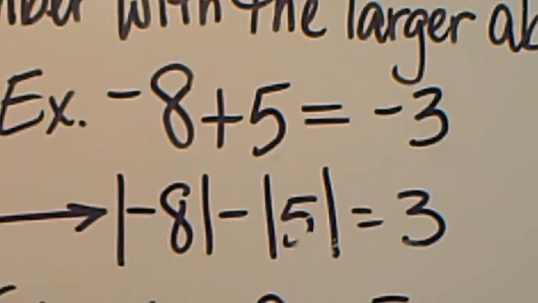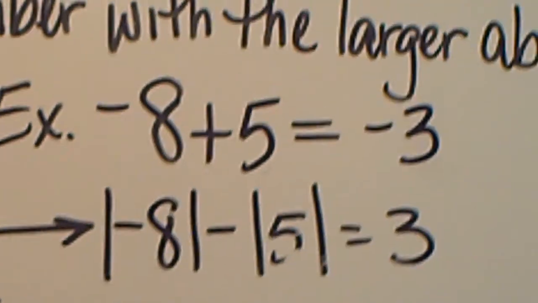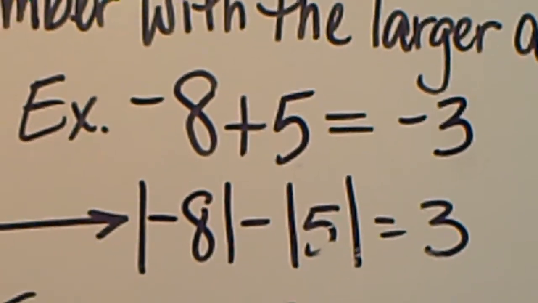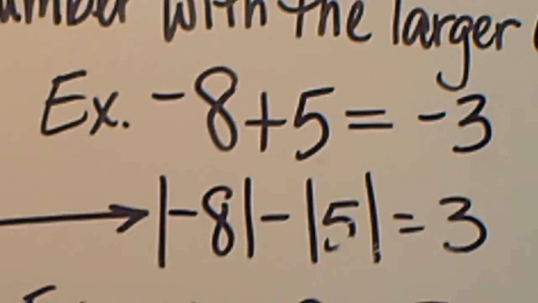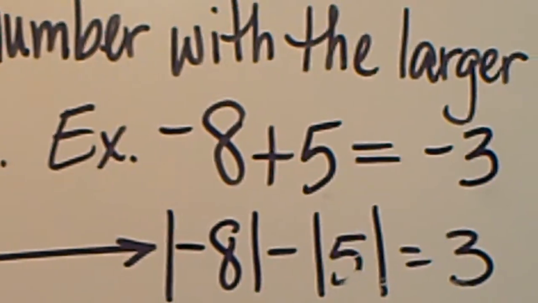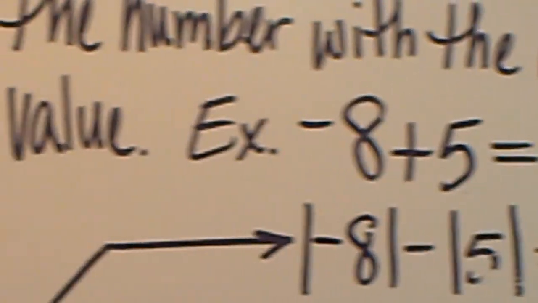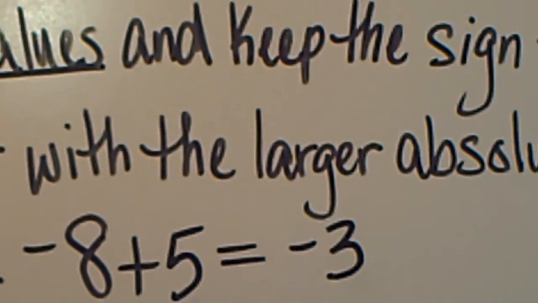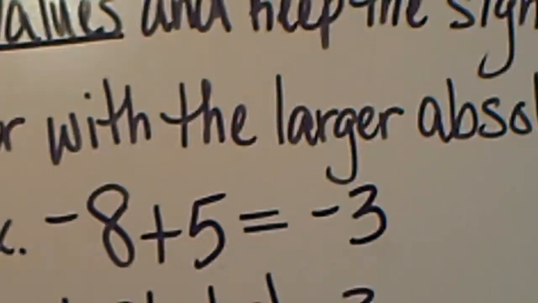Now, -8 plus 5 is -3 because the absolute value of -8 minus the absolute value of positive 5 is positive 3. It's just like 8 minus 5, which is 3. But since -8 has the larger absolute value, we keep the sign in the answer as negative.